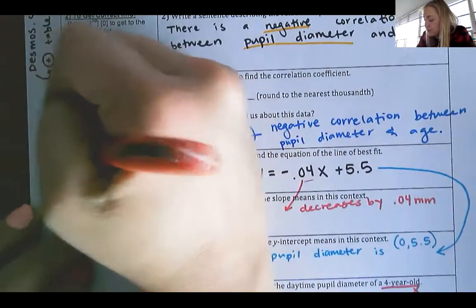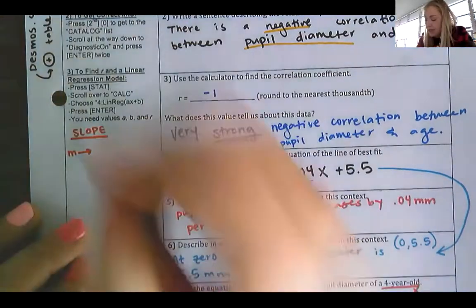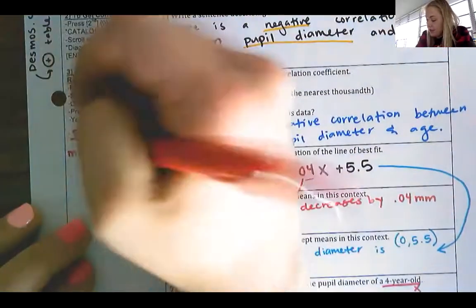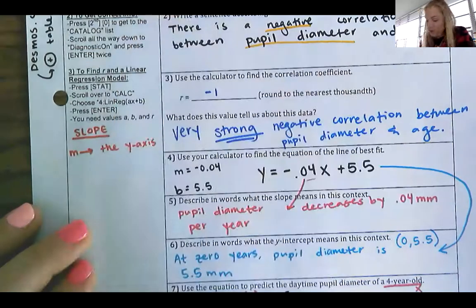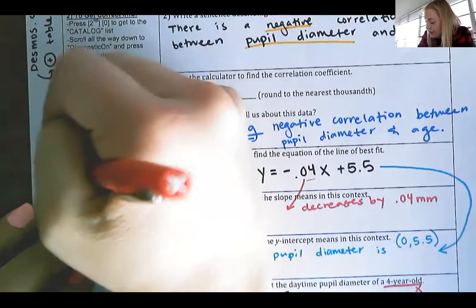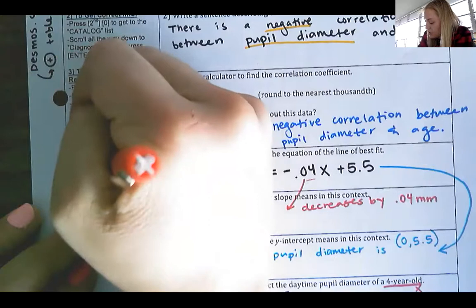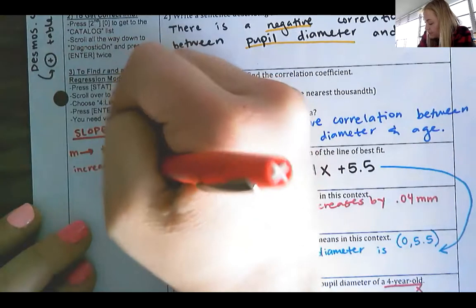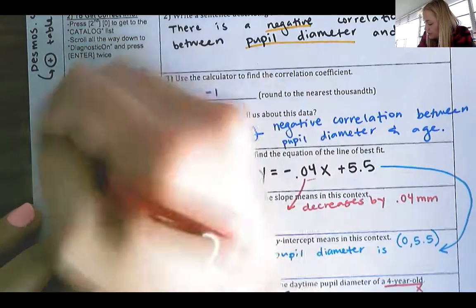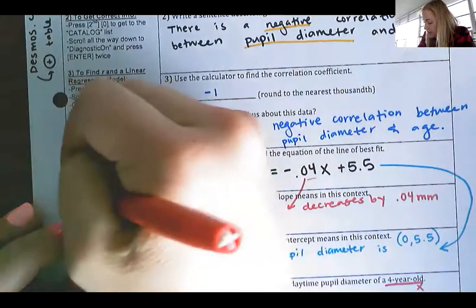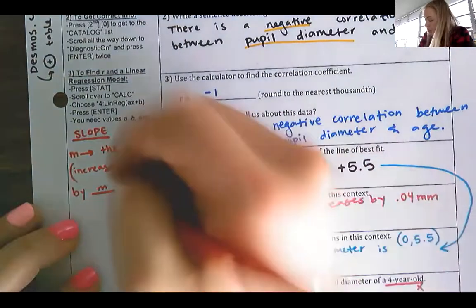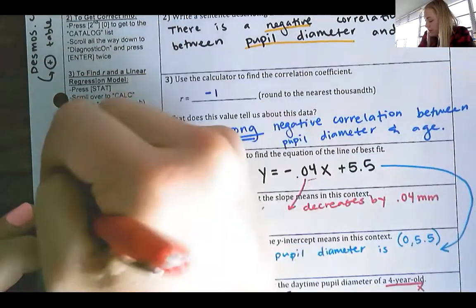So slope is always referring to m, and you are going to say the y-axis, and then you are going to decide either increases or decreases by m per x-axis.